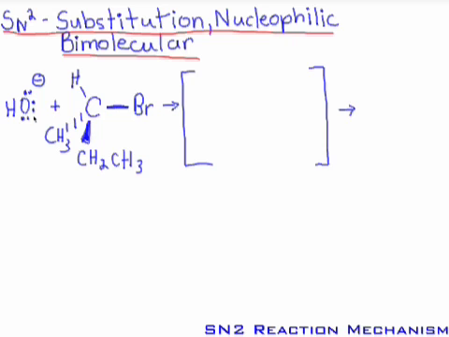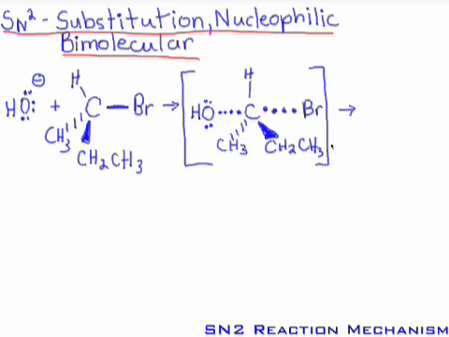What happens when the hydroxide attacks is that it begins to form a bond to the carbon. As this happens, the bond to bromine begins to break. The H, methyl, and ethyl groups go to the positions of a trigonal plane.